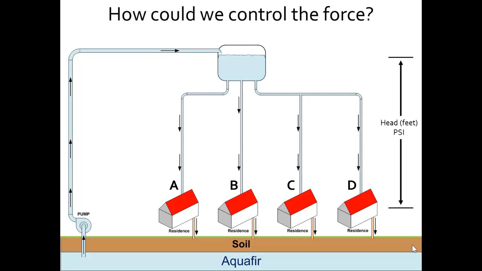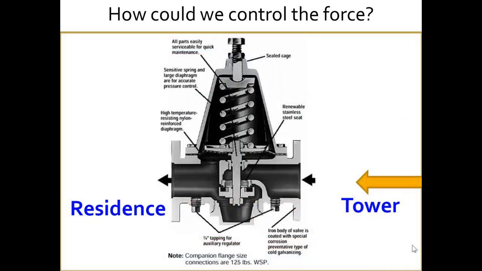So he starts checking, and pretty soon he realizes he does not have as much water pressure as the family in A and B. So since they're all paying the same dollar, the power company had to do something to equalize the pressure. And so they came up with this device.